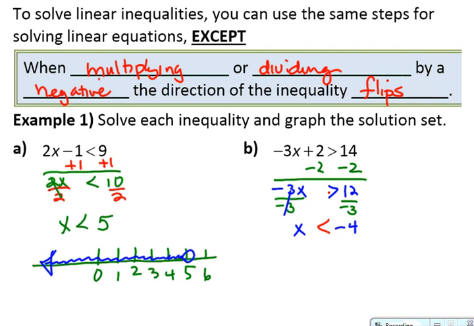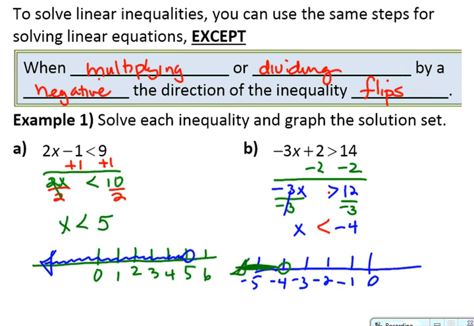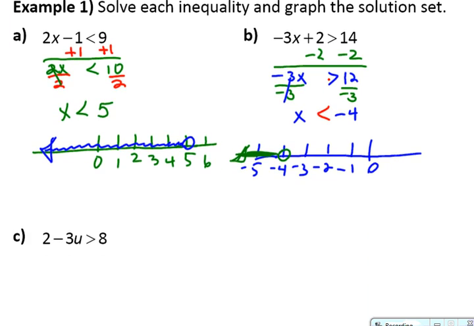So when I graph that on my number line, I'll go this direction, negative 1, negative 2, negative 3, negative 4, negative 5. So if it's going to be less than negative 4, again, there's no equal, so it's going to be an open circle, and I'm going to shade this direction to the left. It shades the direction that the inequality is pointing, as long as your x is on the left side.